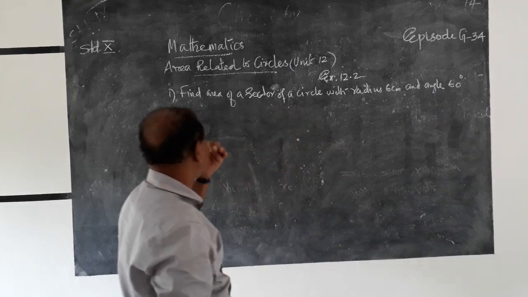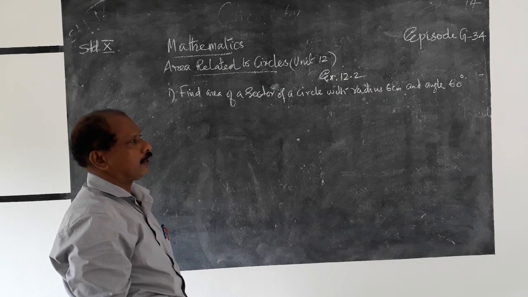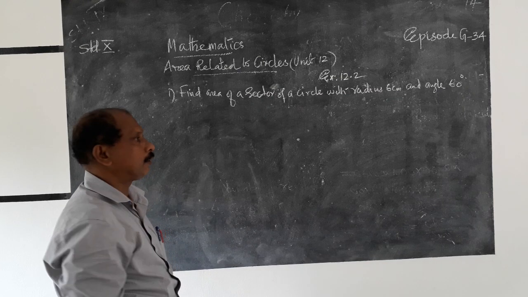That is, find area of a sector of a circle with radius 6 centimeter and angle 60 degree.